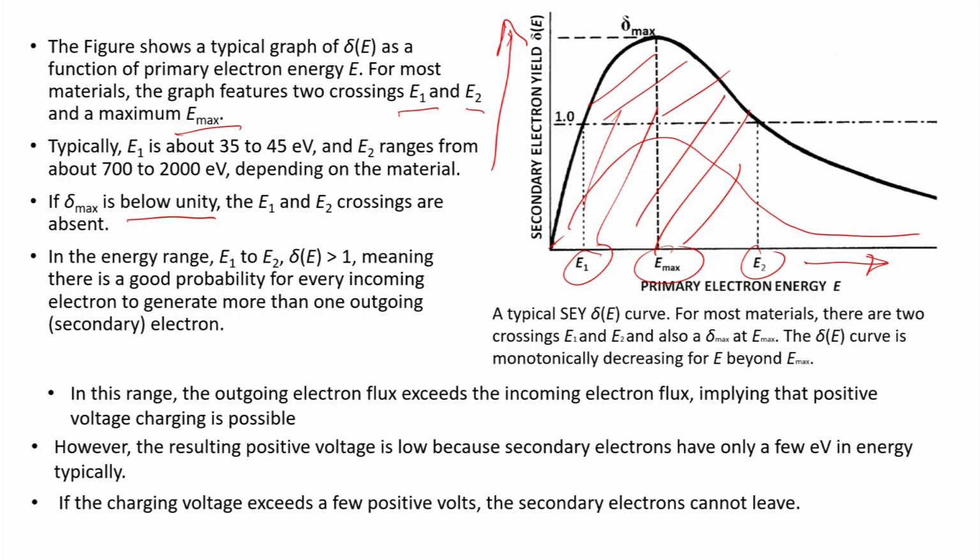And if the charging voltage exceeds even a few volts positive, then the secondary electrons also will not be able to leave, because of the attraction, so recombination and so on will happen.